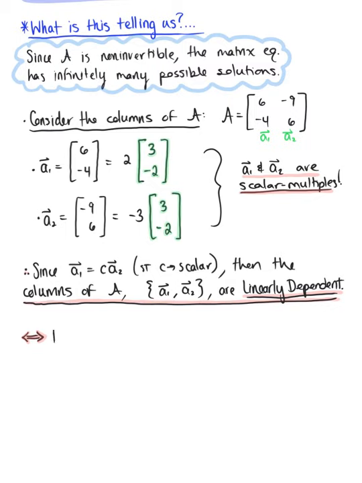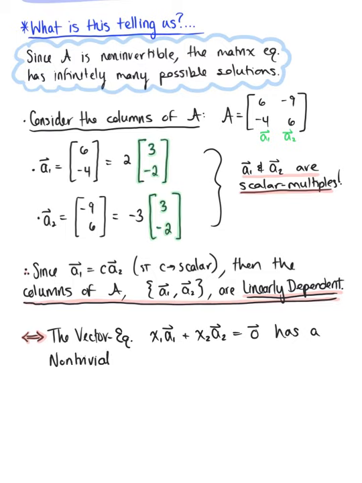So this implies that the vector equation, defined as scalar x sub 1 multiplied by column vector a sub 1 plus scalar x sub 2 multiplied by column vector a sub 2 being equal to the 0 vector, has a non-trivial solution. So if this vector equation has a non-trivial solution, this means that at least one free variable exists.